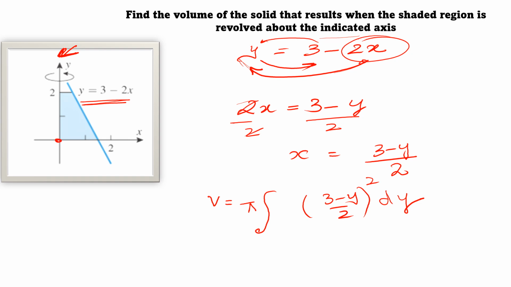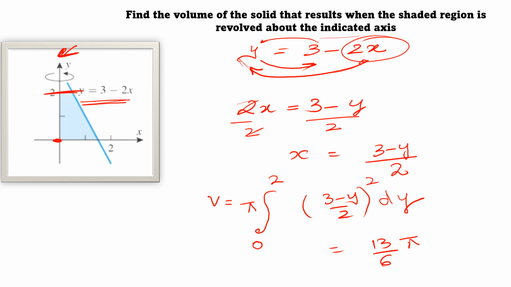So the y values are starting from 0 till 2. Write this down in the calculator to get the answer. Now I will tell you one more thing: in the calculators we won't write the y, we write the x. So anyway, the answer is 13 over 6 pi.